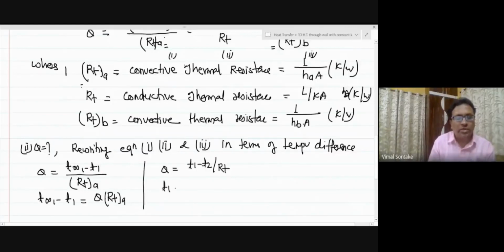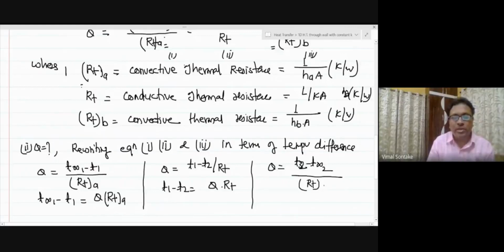So in terms of temperature difference, it can be written as Q into RT. And finally, equation number 3, Q is equal to T2 minus T infinity 2 over RTB. So this will become T2 minus T infinity 2 is equal to Q into RTB.